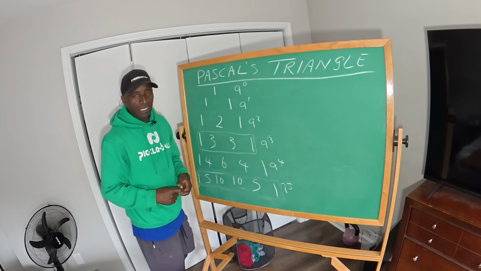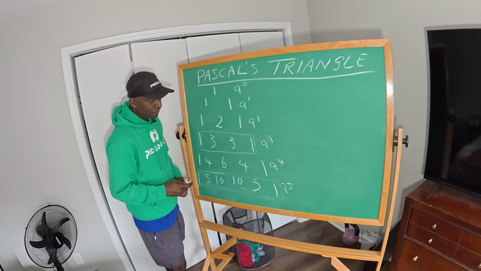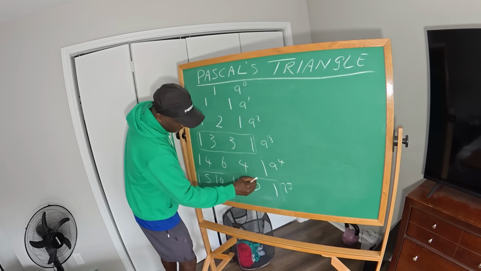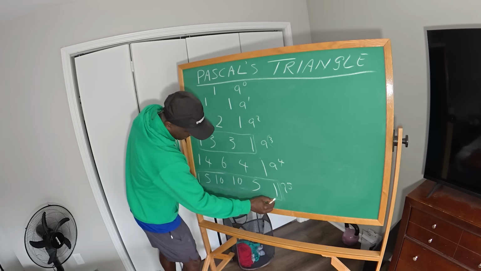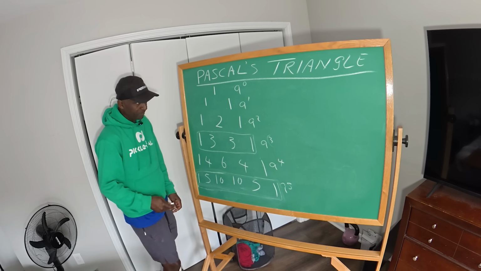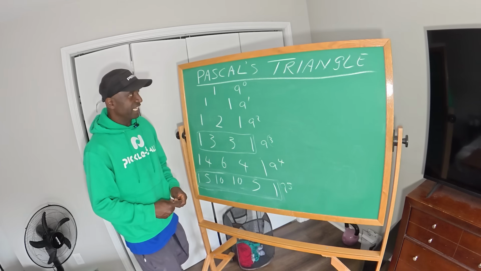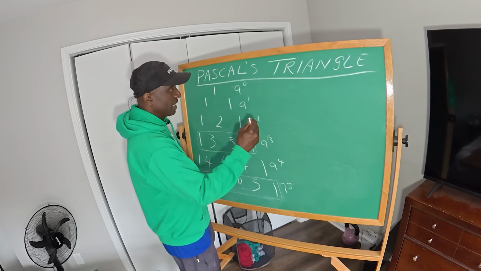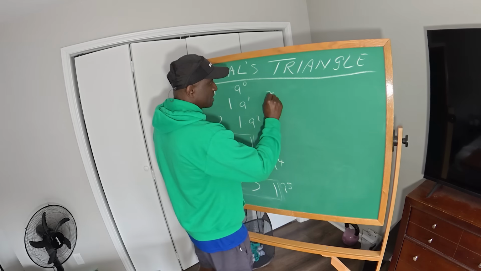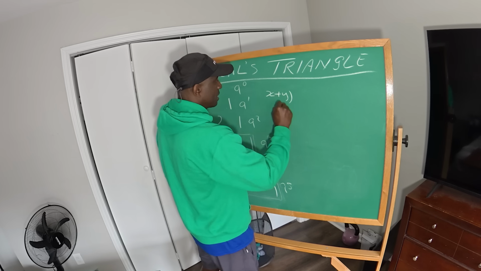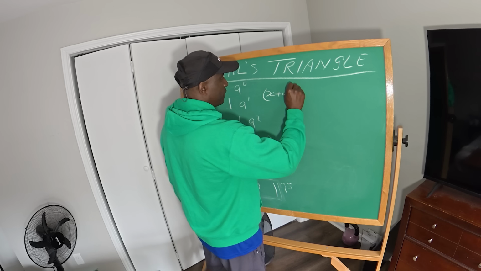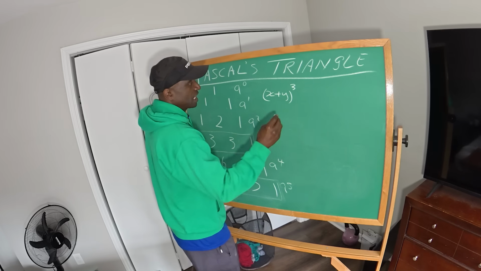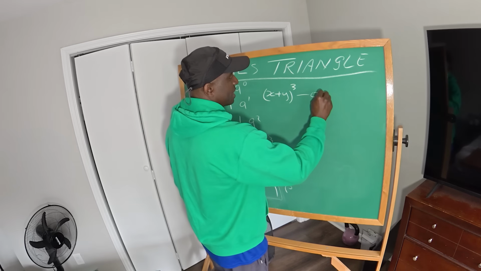If I'm using a polynomial with the fifth power, I'll be using these coefficients. So let's take an example. Let's say x plus y to the third power, and we're asked to expand this.